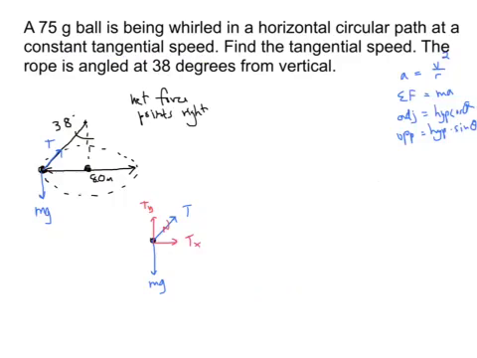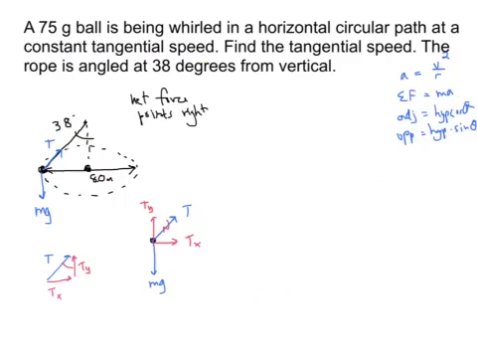Okay, I'm going to draw the tension right triangle. Here's the tension. Here's the x component. And here's the part of the tension that extends on the y-axis, or pulls in the y direction. And this angle is theta. That's 38 degrees.